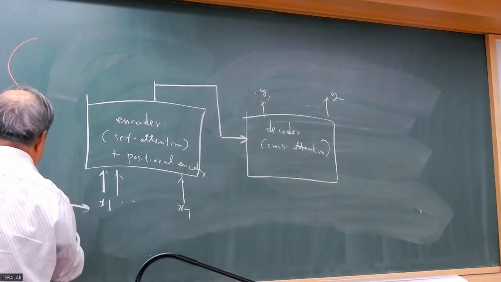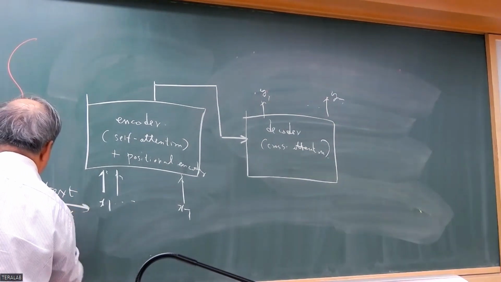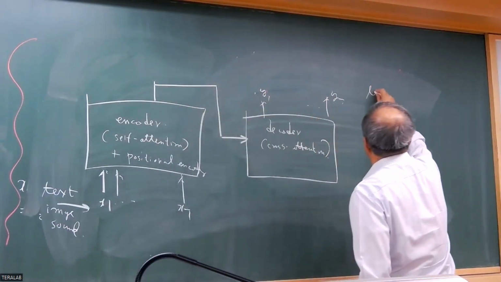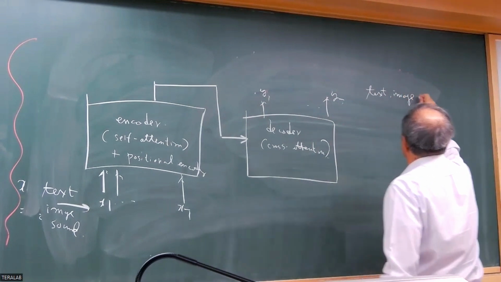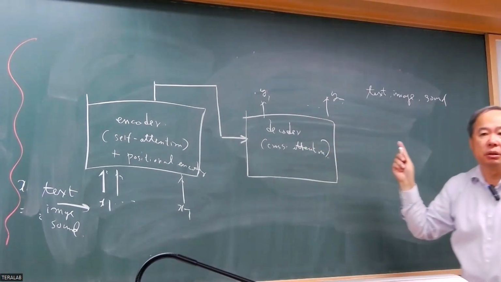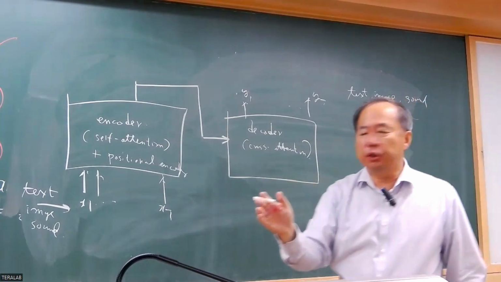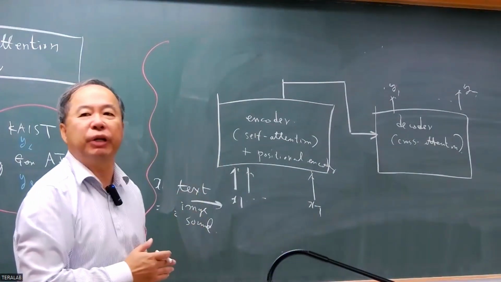This input could be text, image, or sound. Output may also be text, image, and sound. Many different combinations. At some point in the future, text and image may be simultaneously input together.